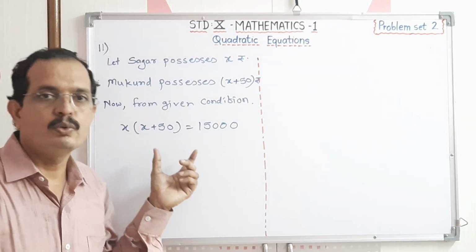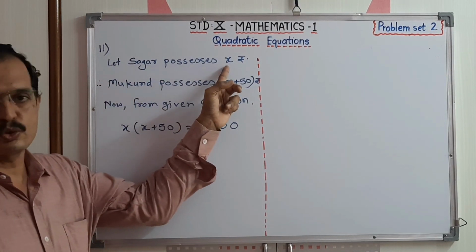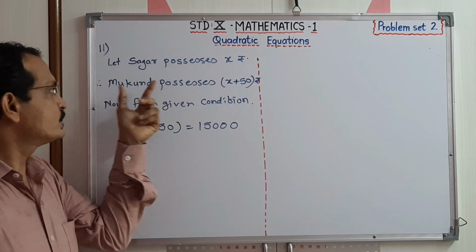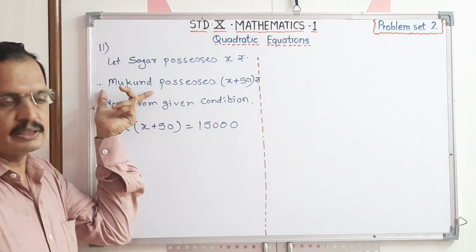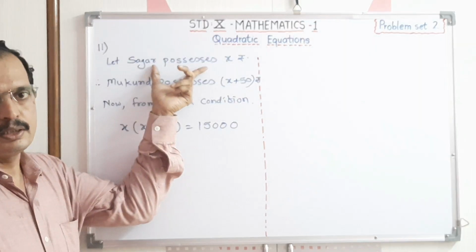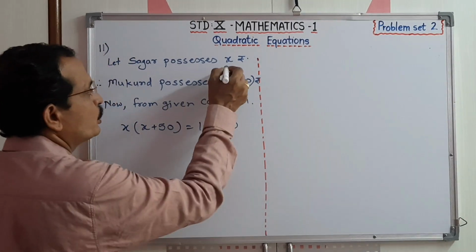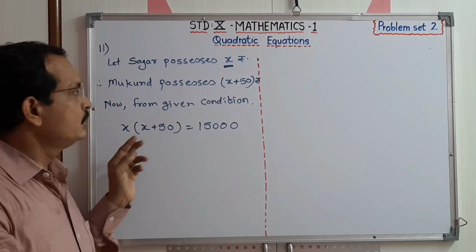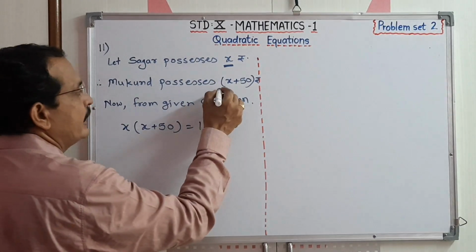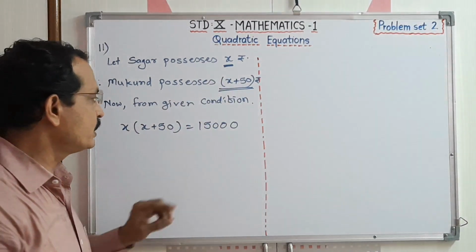From this, we have to frame the equation. Dear students, see again, Sagar purchases x rupees. Why do we assume the amount Sagar has? Because the amount that Mukund purchases depends upon the amount that Sagar purchases. Therefore, Mukund has 50 rupees more, that is x plus 50 rupees. And the product of these amounts is 15,000.